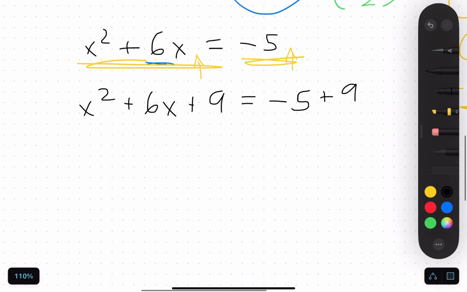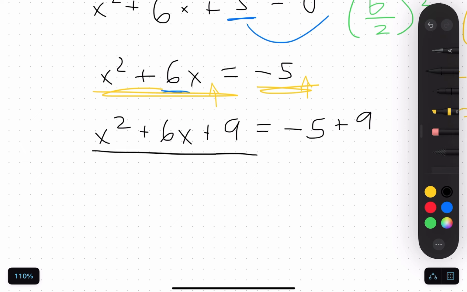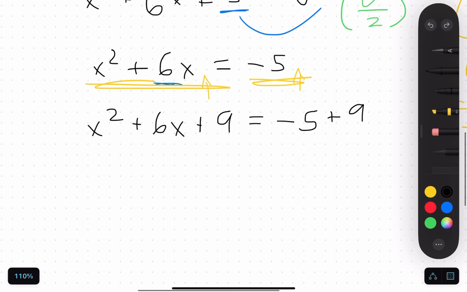Next, we just have to factor this quadratic trinomial. When you complete the square, the trinomial always becomes a perfect square trinomial, which means you don't have to check. We simply factor straight up. The factor of this is (x plus 3) squared.